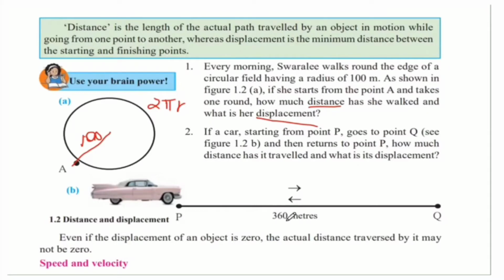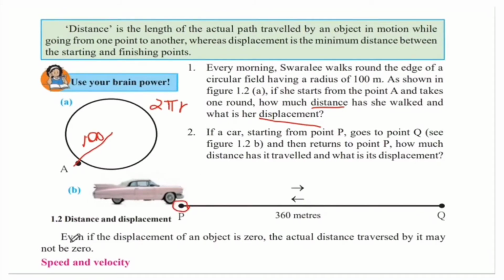Whereas the displacement again would be 0, because here also the starting point and ending point is point P. So as we have seen here, even if the displacement of an object is 0, the actual distance traversed by it may not be 0.